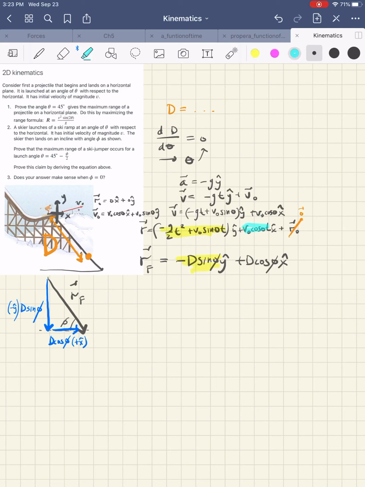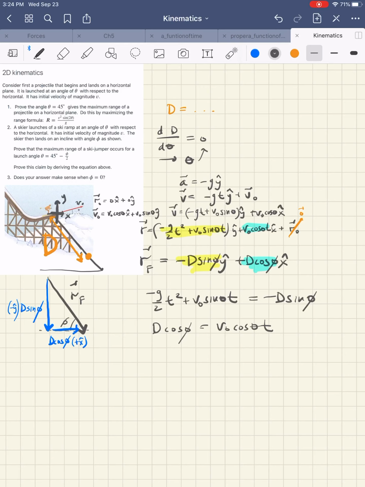This is my x function, at the final time it's equal to that. And so I get these two equations: minus g over 2 t squared plus v naught sine theta times time equals minus d sine phi. I also get that d cos phi equals v naught cosine theta times time. And what I'm going to do is solve both of these for d really quickly, set them equal to each other, and then solve for the time.